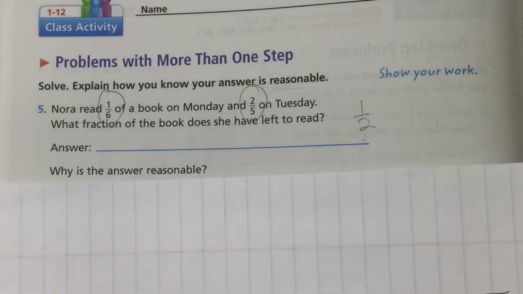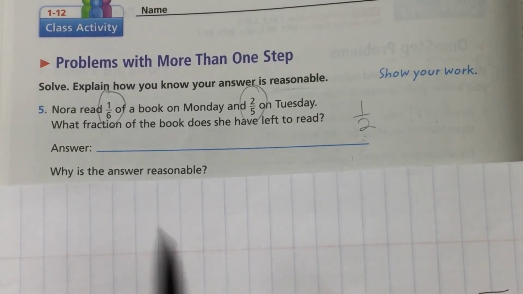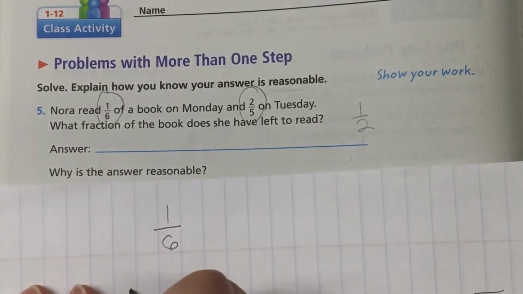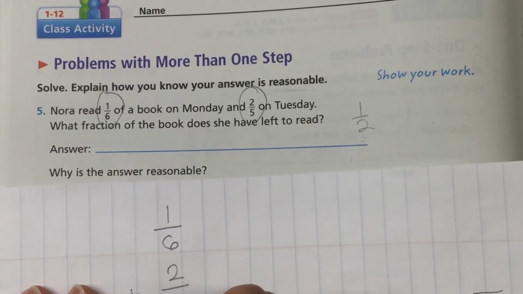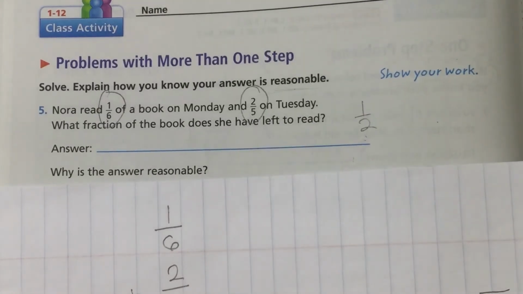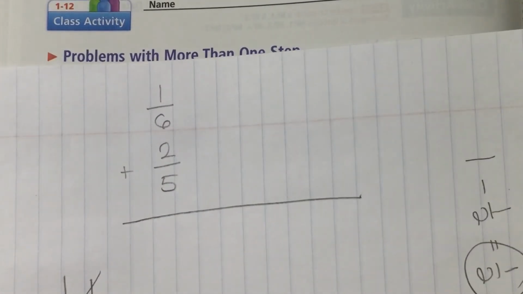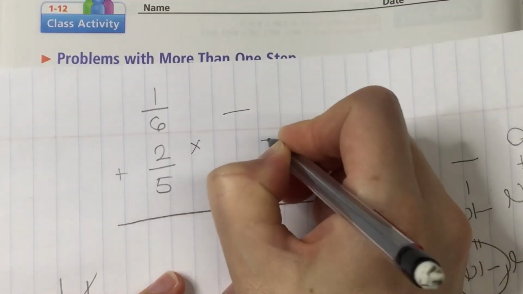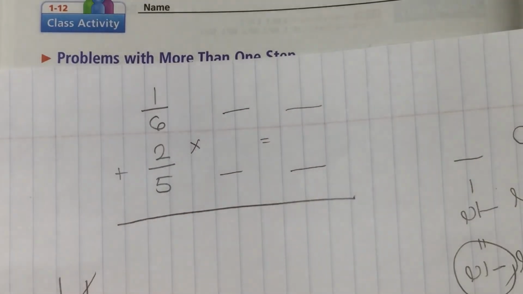Okay, so we're looking at 1/6 and 2/5, and we have to add those together just like we did for our estimate, except now we have to set it up and find a common denominator and all that stuff. So here I have it set up. This is a great time for me to say, yes, I require you to set this up. Yes, you must do all of these steps while you're in my class, while you're in 5th grade.